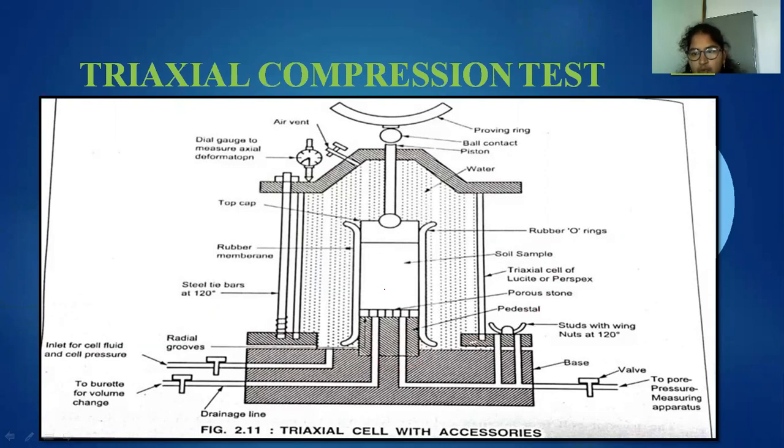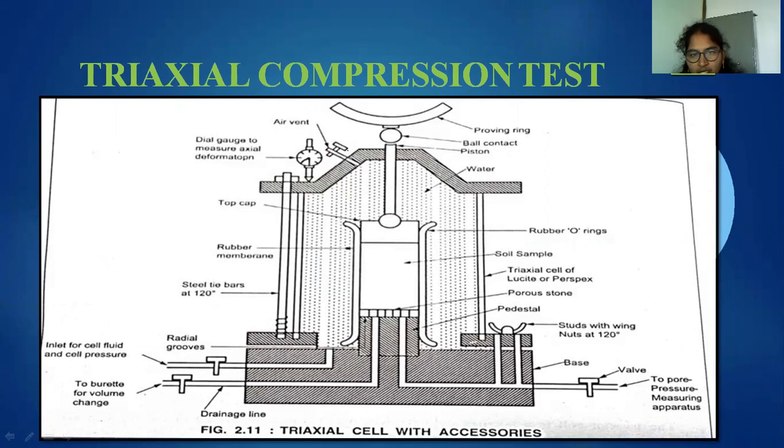That's why we use porous stones, and also steel bars, radial grooves, an inlet, and the base. Water will flow on and off through these valves, and the chamber in between holds water, and there is an air vent.